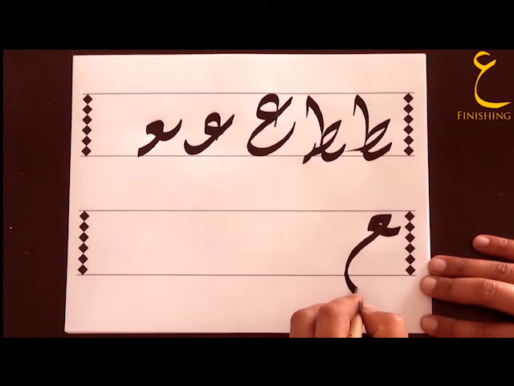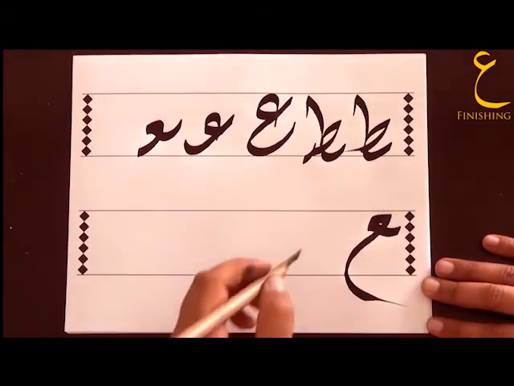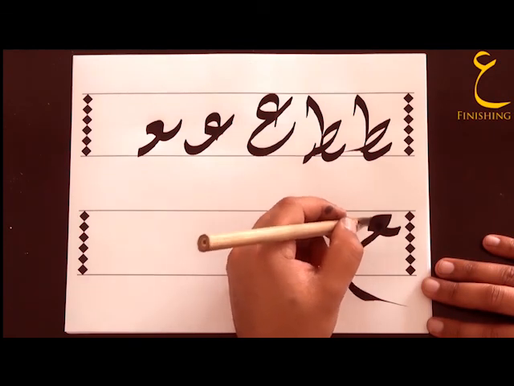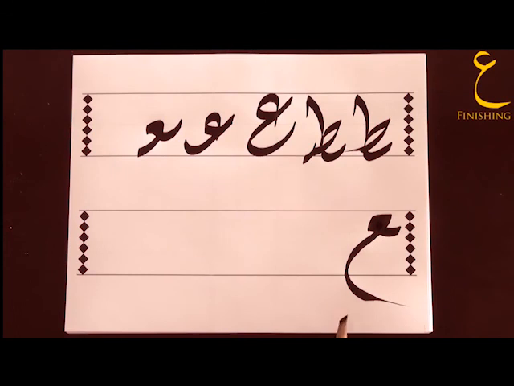And for the tail end, I would come down and flick towards the right hand side. I would fill up the middle of the loop, and again, you can alternate between these two endings.